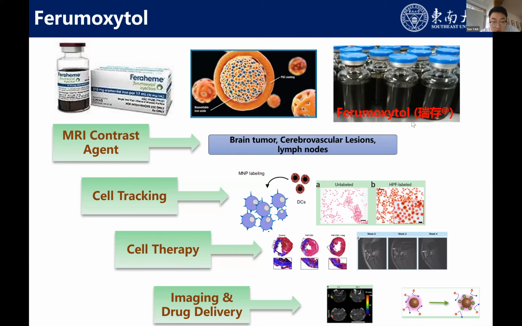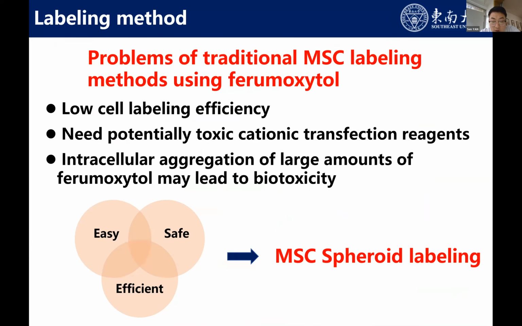Many studies have demonstrated the cell labeling efficiency of ferumoxytol is very low, and cell labeling with ferumoxytol usually requires high labeling concentrations and the use of toxic transfection reagents such as poly-L-lysine and protamine sulfate to promote uptake by MSCs. This will limit its clinical application.